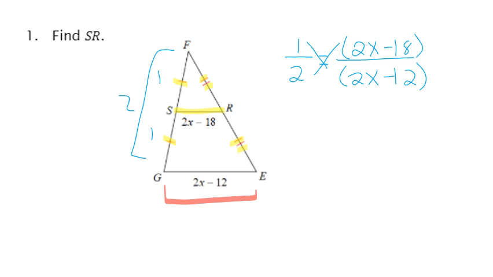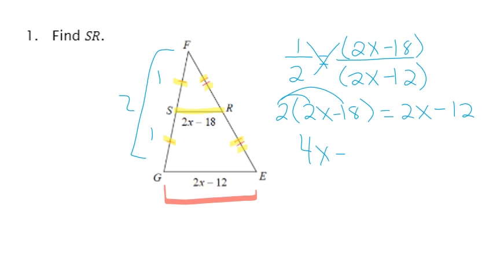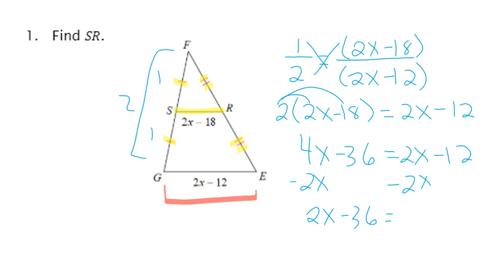I can then cross multiply and just solve for x. I'm going to subtract 2x from both sides. And so we'll get 2x equals 24, or x is equal to 12.